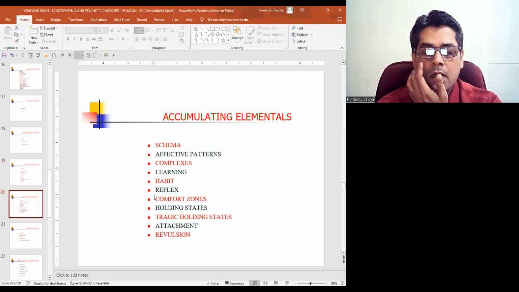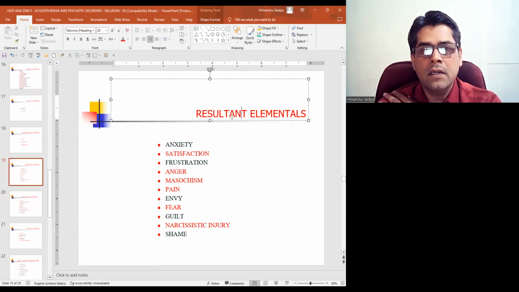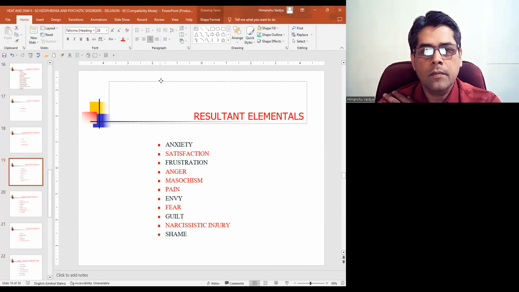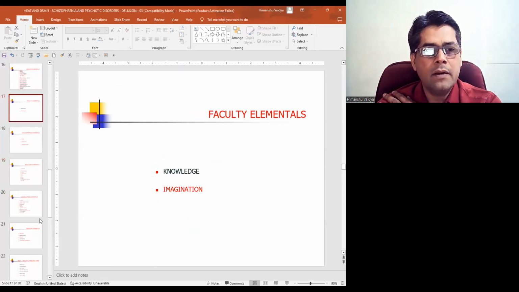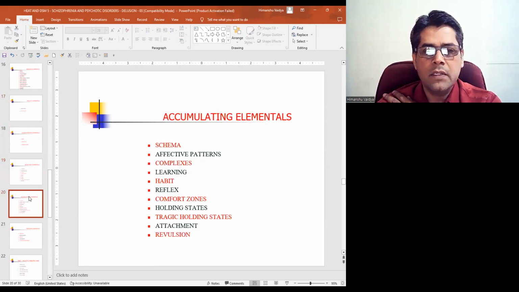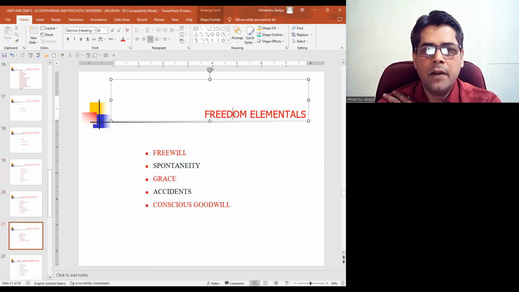These also are universal, very difficult to remove anything. So process elementals, resultant elementals, characteristic elementals, faculty elementals, almost universal in all pathology. Freedom elementals.